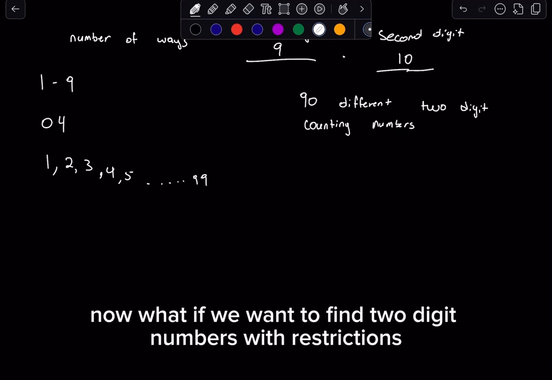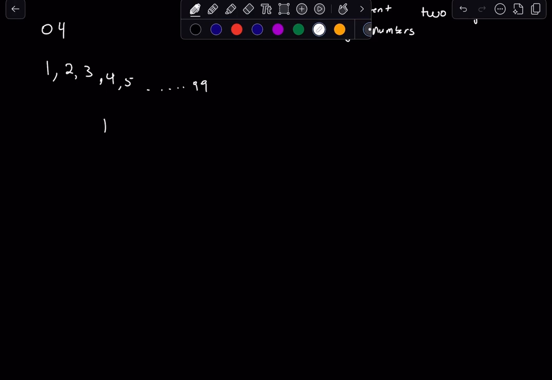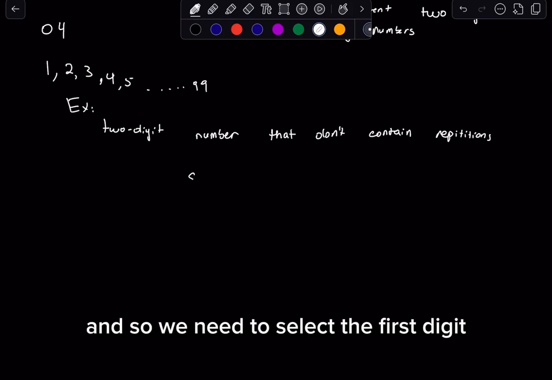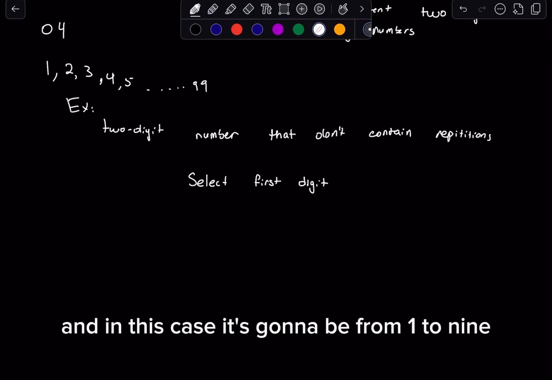Now, what if we want to find 2-digit numbers with restrictions? In this case, it would be 2-digit numbers that do not contain repetitions. And so we need to select the first digit. In this case, it's going to be from 1 to 9.